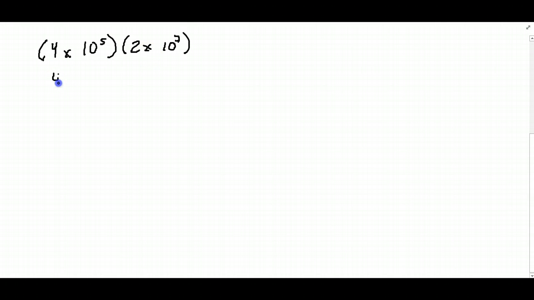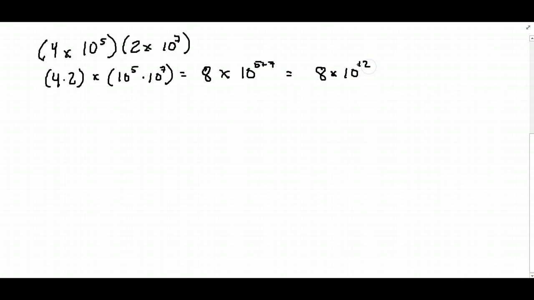So we can rewrite this as 4 times 2 times 10 to the fifth times 10 to the seventh. So our first part, we have 4 times 2, which is 8. And now we have 10 to the fifth times 10 to the seventh. We know if we have the same base, we add our exponents. So we have 8 times 10 to the 5 plus 7, which equals 8 times 10 to the 12th power.